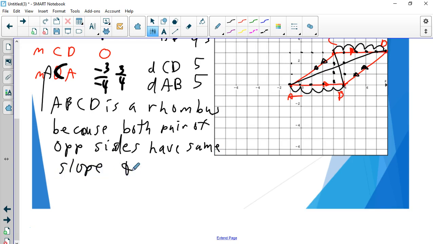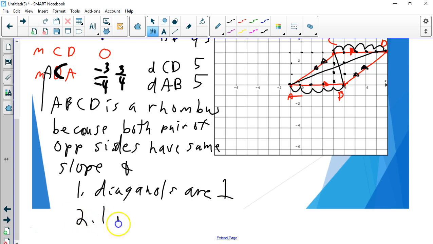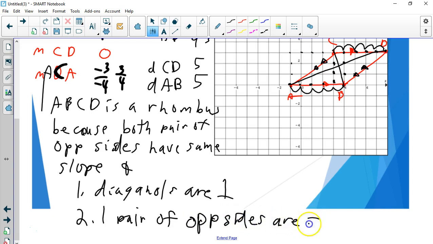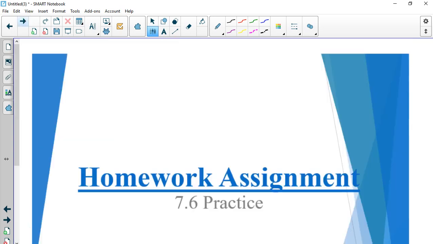And I have a couple options here. I could say the diagonals are perpendicular, or I could say one pair of consecutive sides are congruent. So again, it doesn't have to be that long. You just pick one of those two ways. It depends on what you did. There we go.